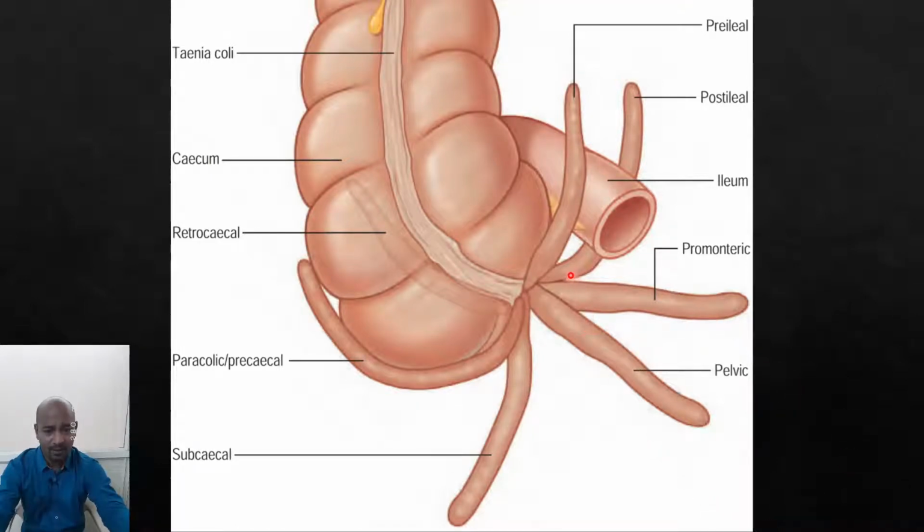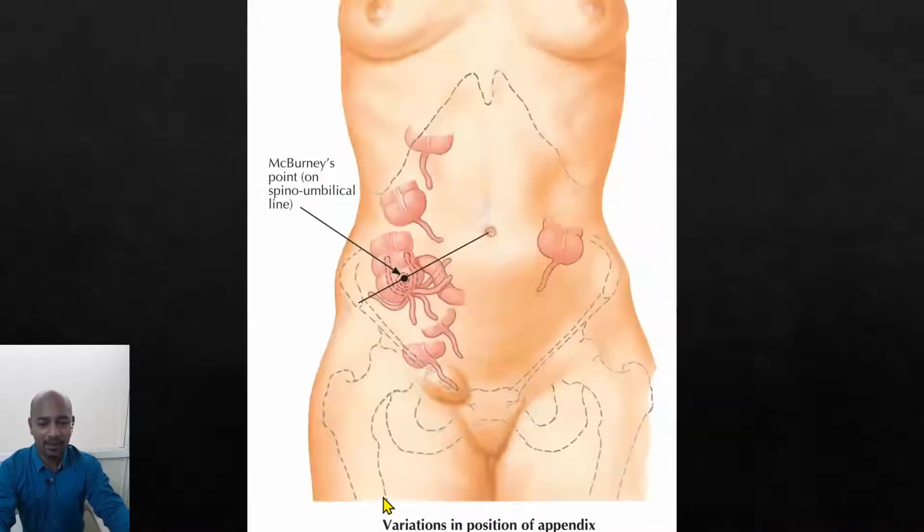And usually whenever it is pre-ileal or post-ileal, the mesentery that is attached to the appendix may be slightly longer, allowing for greater mobility, so it can go and get stuck between or behind the ileum.